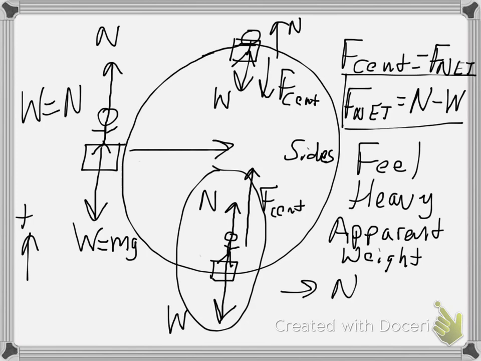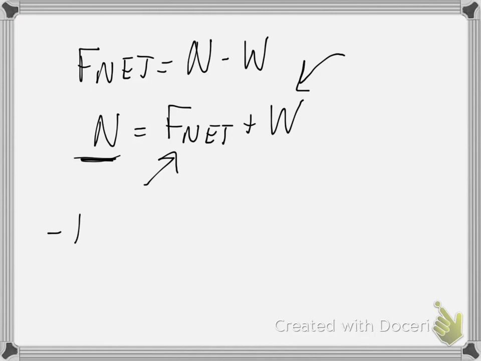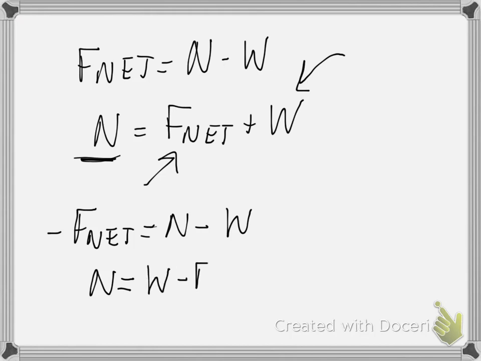So in this case, because up is positive, down is negative, we can write F equals ma as negative F net equals the normal force minus the weight. Now, if we solve for the normal force in this case, the normal force is going to equal our weight minus the centripetal force. Okay? So we actually feel light. You feel lighter at the top of a hill, and you feel heavy at the bottom of a hill.